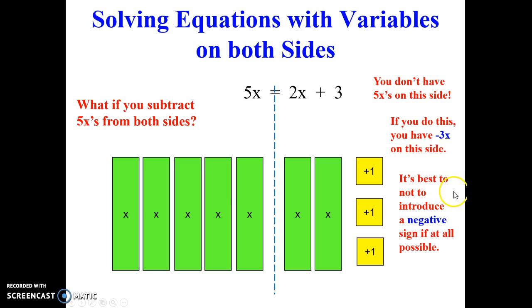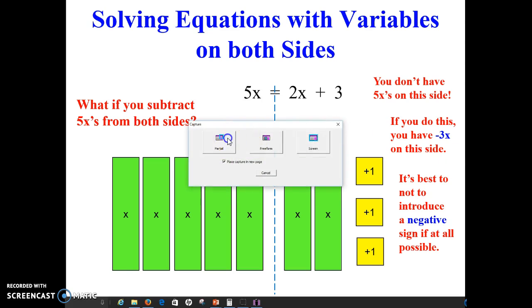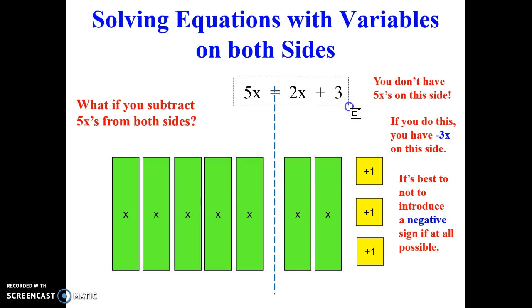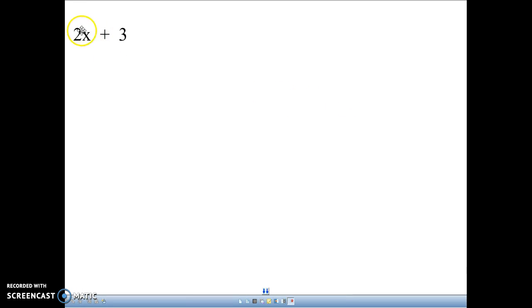It is best not to introduce a negative sign if at all possible, because it's so easy to drop a negative sign. Let me show you mathematically what it looks like if you were to do it. We still get x equals 1.